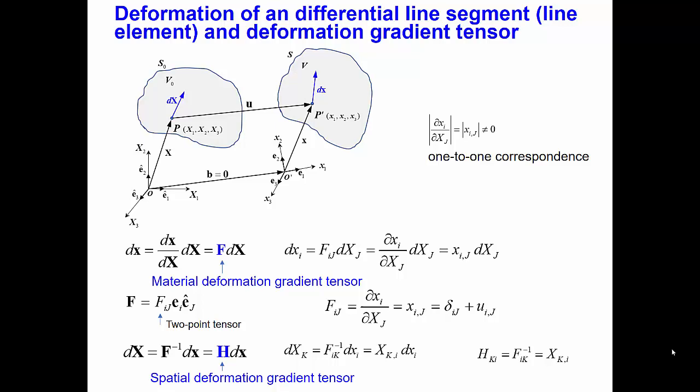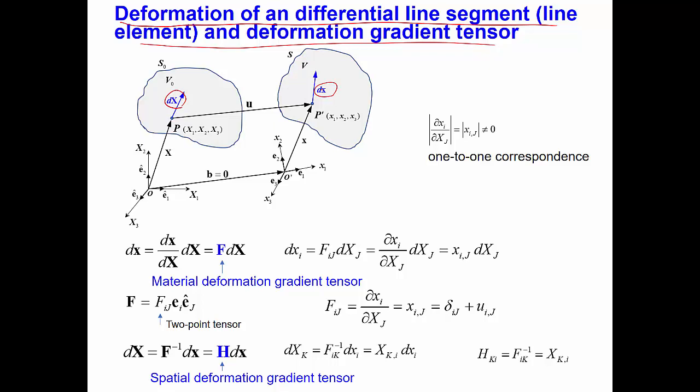Okay, we are going to study a deformation of a differential line segment, sometimes called line element, and to define the deformation gradient tensor. I added two differential line segments like this to the figures employed previously.